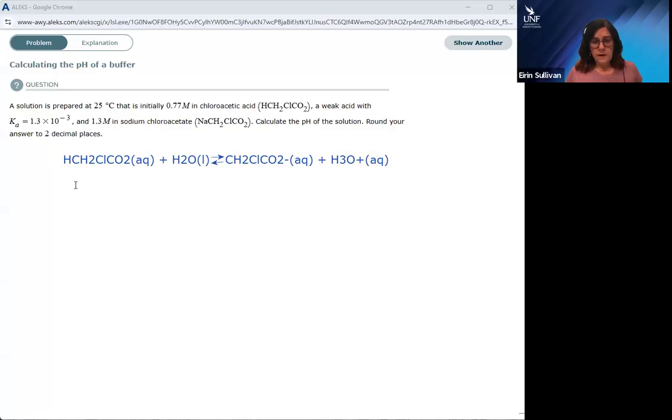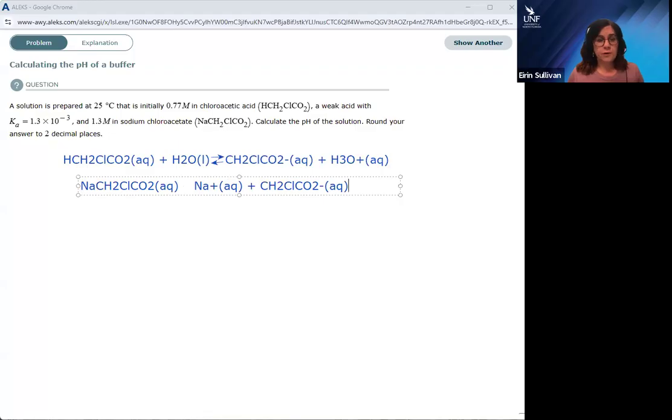So our salt, we're going to assume, is going to be completely soluble, will totally dissociate in aqueous solution. So writing it in a molecular kind of style is not really accurate for soluble ionic salts. It's going to break apart into its cation component and the anion. And remember, anions can either be basic or neutral.